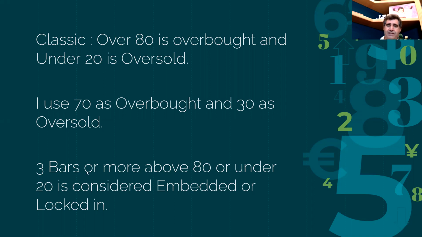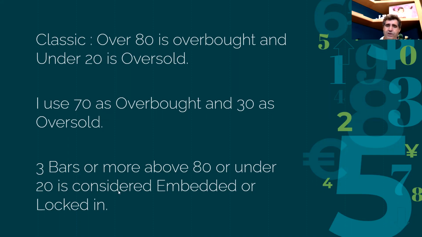So this embeddedness gives us the idea of whether you want to stay in your position, or whether it is not a good time to short the market. As long as it stays embedded over 80, and it could go all the way to 100, you should stay with your position.